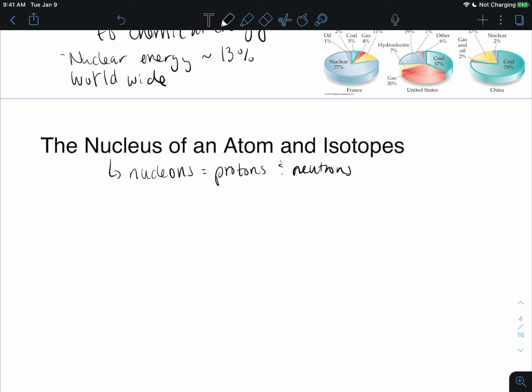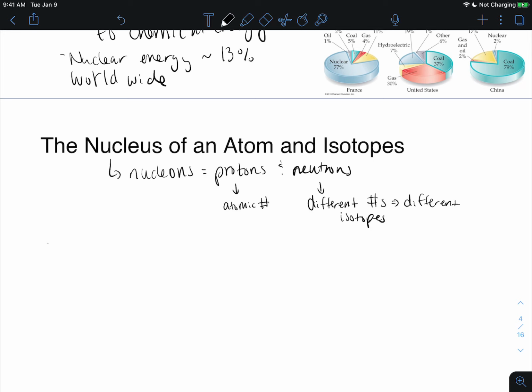Remember that our protons give us our atomic number, and different numbers of neutrons give us different isotopes. Any isotopes of an element have the same number of protons but different numbers of neutrons. And some isotopes, radioisotopes, are going to be radioactive species.